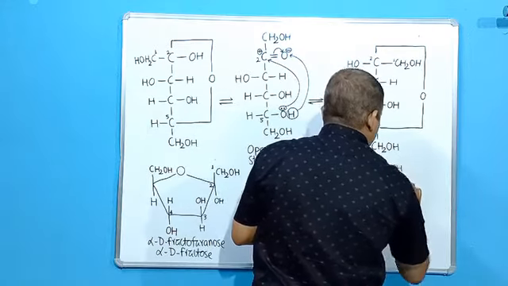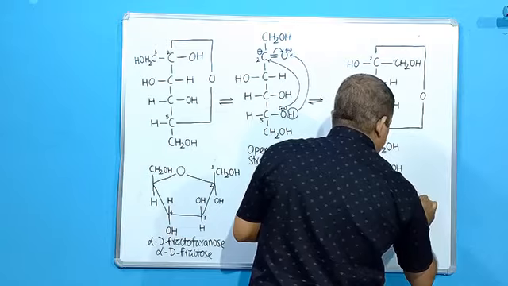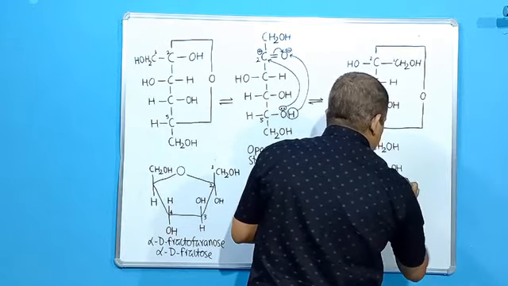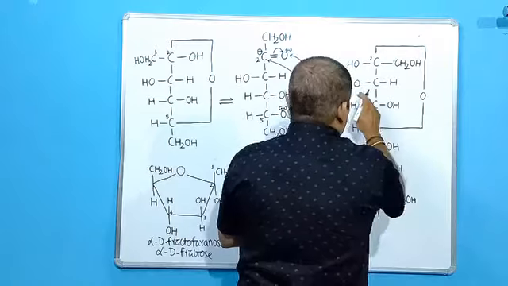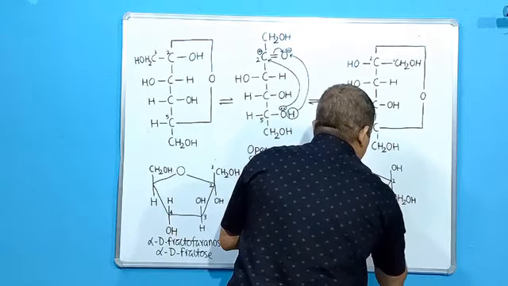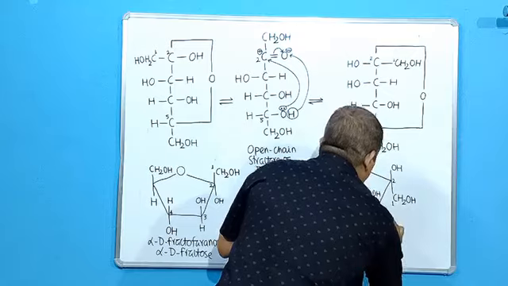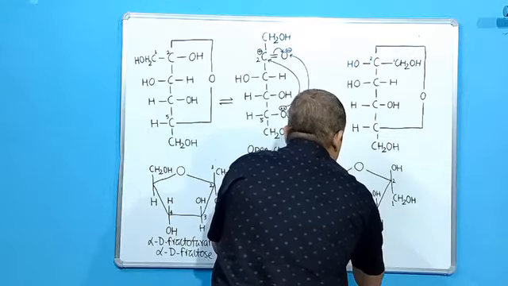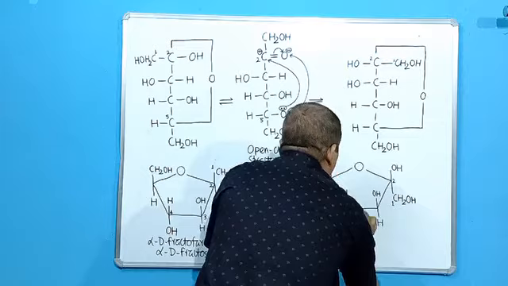OH will be at the top. Then CH2OH. So this is the first carbon atom. This one is the second one. Then next one, OH will be at the top, H will be at the bottom. Then H at the top, OH will be at the bottom.